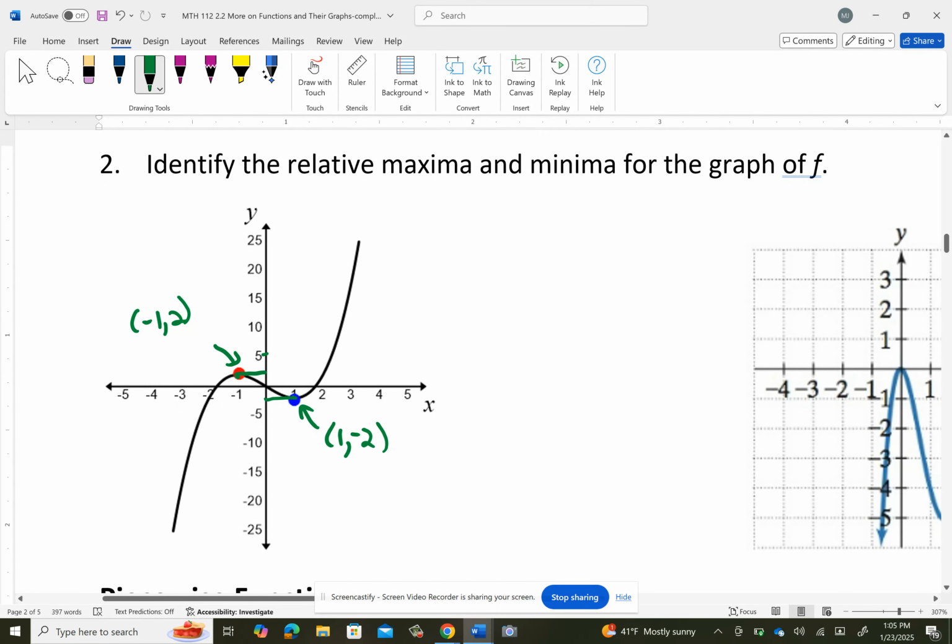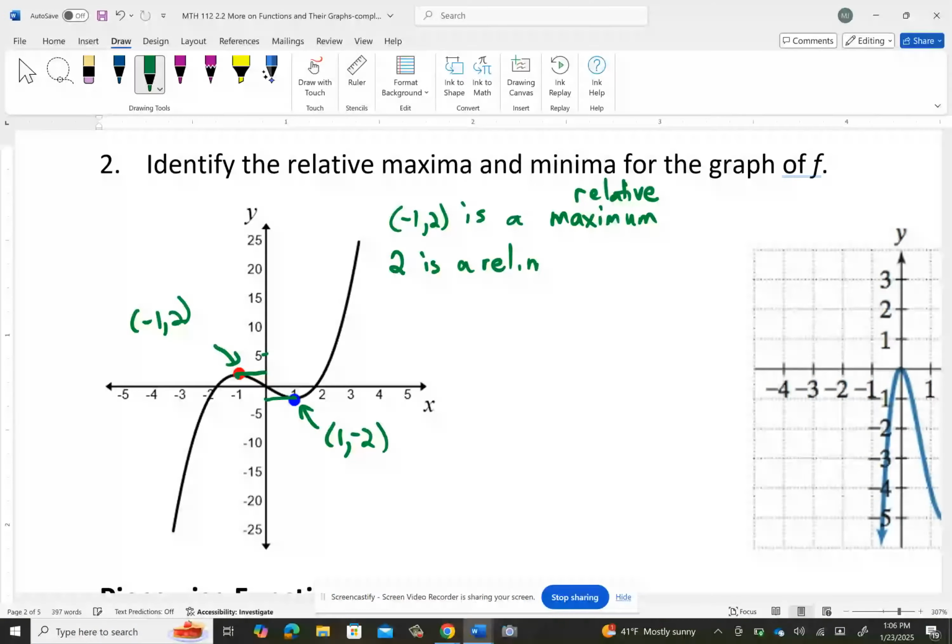All right, so sometimes you see them say this, that -1, 2 is a maximum point, like a relative maximum. You'll sometimes see them say that, but really 2 is a relative maximum, and it occurs at x equals -1.